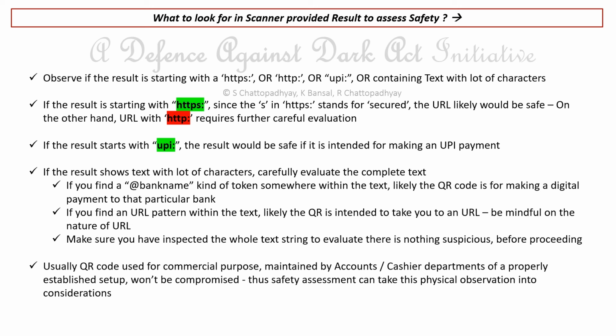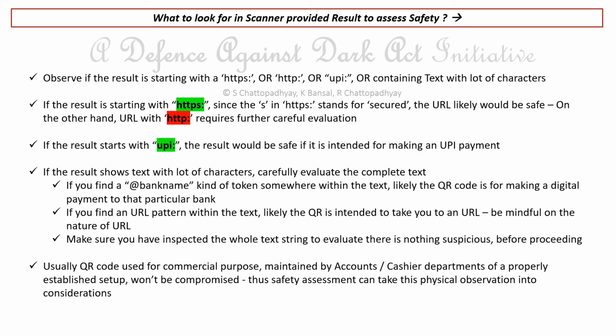You can as well look at the URL pattern if it is a URL that the QR code is taking you to, and be mindful of the nature of the pattern. Similarly, you can look at the text strings in general, whatever is being made visible by this QR code scanner. Once you have looked at it, you can make out whether it's safe to go ahead or not.